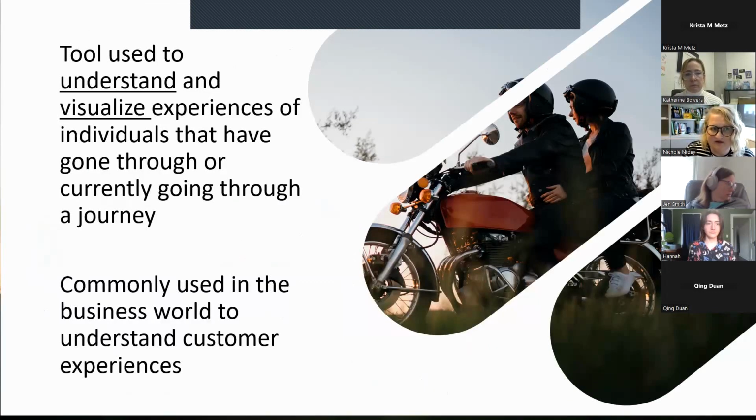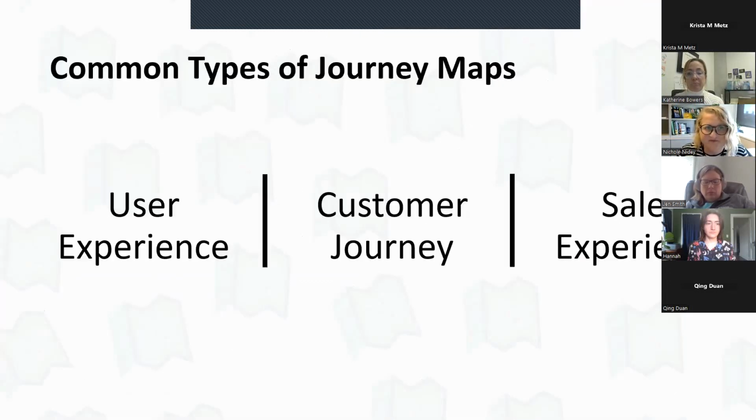So journey mapping is a tool that's used to understand and visualize experiences individuals go through or are currently going through on a journey. It's really common to use in the business world right now to understand customer experiences. So if you were to Google journey map today, you would come up with a couple of really common types of maps.